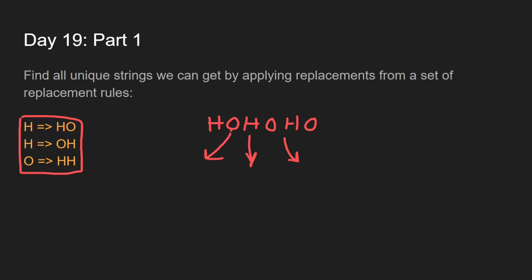So for example, in this string we could have replaced the O here with HH, resulting in HHH, and then the following ho ho. Okay, so how many different unique strings can we get by applying these replacements wherever possible?